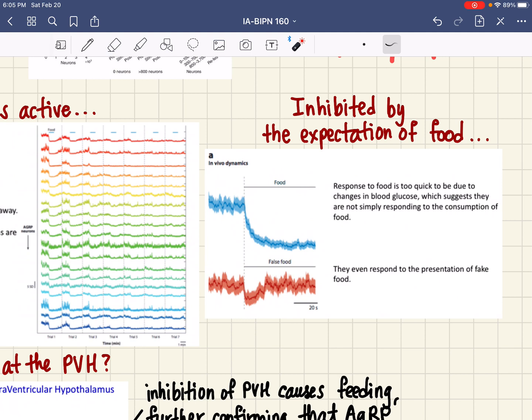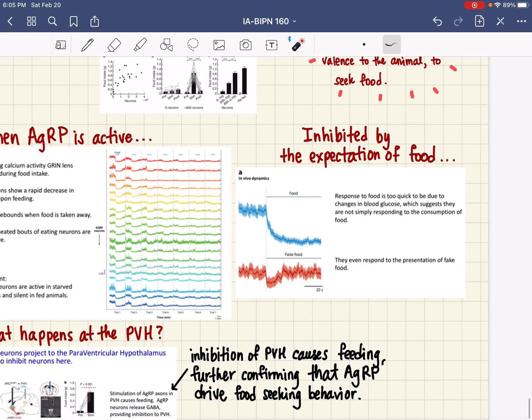For example, when the AGRP is active and the mice are presented with food, then AGRP gets inhibited and then normalizes. And the same thing happens here. AGRP is active, and then the mouse is given false food. So for a quick moment, this dips because the mouse thinks, oh yay, that's food. But then when it realizes it's not food, AGRP is active again. Okay, so expectation of food or the visual of food is what inhibits AGRP.